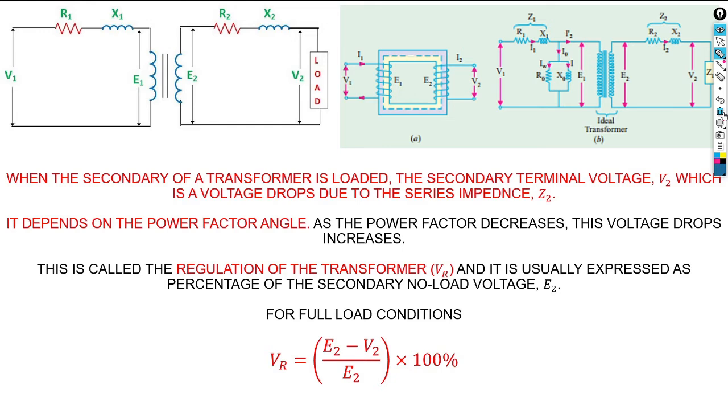This is called the regulation of the transformer. It's usually expressed as a percentage. It's the induced voltage minus the V terminal, divided by the induced voltage, times 100, just to know what the losses in our transformer are, the voltage regulation. That's how you calculate it, and it's simple and straightforward.